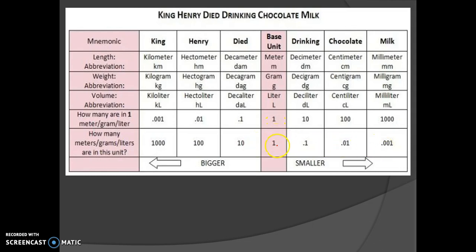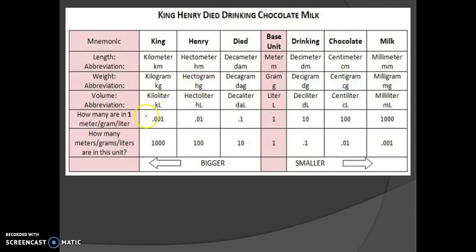So if you look at the pattern, when you go from the center to the left, the value becomes bigger. And when you go from the center to the right, the value becomes smaller. How we're going to use this, I'm going to teach you in the next slide.